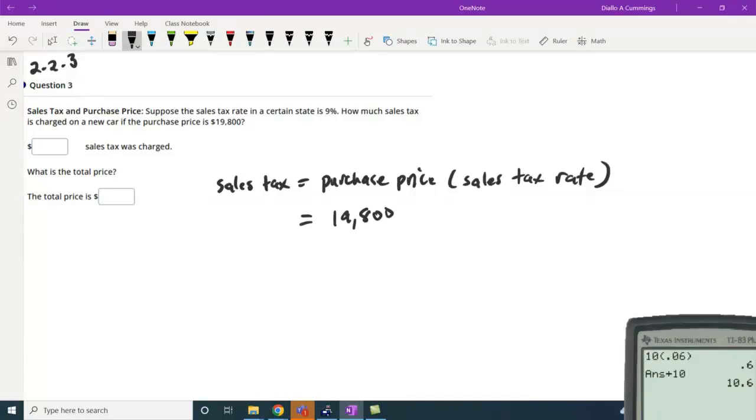We know that the sales tax rate is 9% for this certain state. When we perform the calculation, we can't use 9%. We have to change it to a decimal. So 9% as a decimal is 0.09.